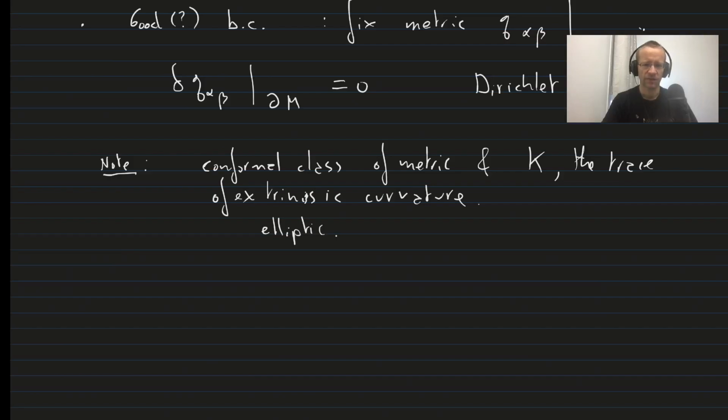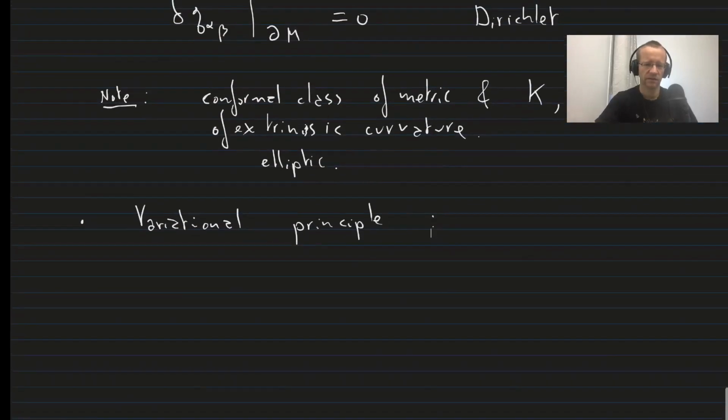So we do fix the metric at the boundary. Now, we should check the variational principle and whether it's consistent with the boundary conditions. To that end, we calculate the variation of the Einstein-Hilbert action times 16 pi G Newton on a manifold with boundary.